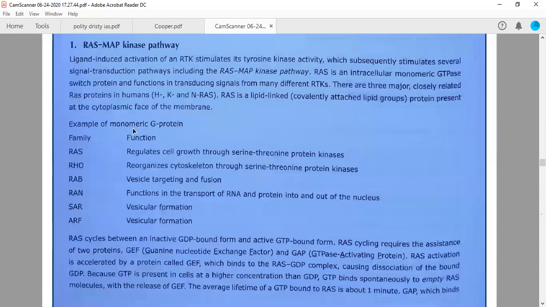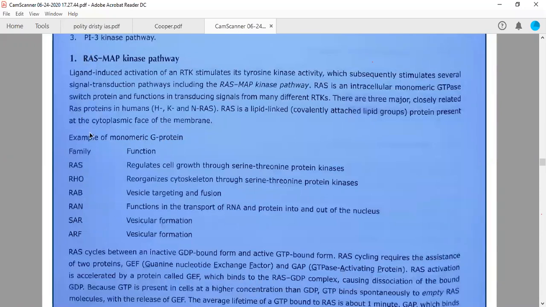Okay, so these monomeric G proteins, which are analogous to this particular RAS protein, have related families. One is called RAS, which regulates cell growth through the serine threonine protein kinases. As we have seen, the Rho family is very related, and Rho, RAB, RAN, SAR, ARF. So they are all related families.